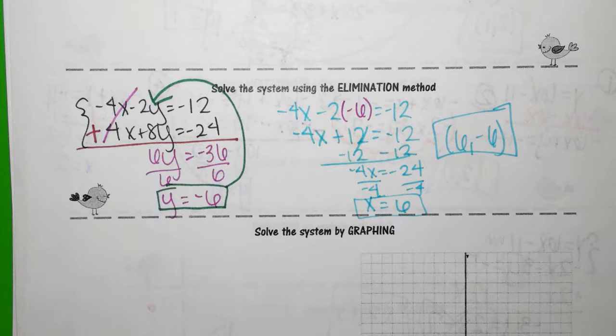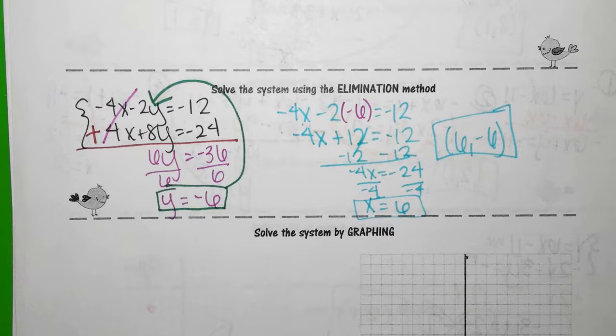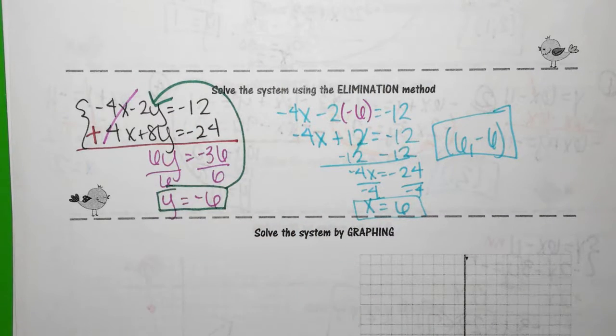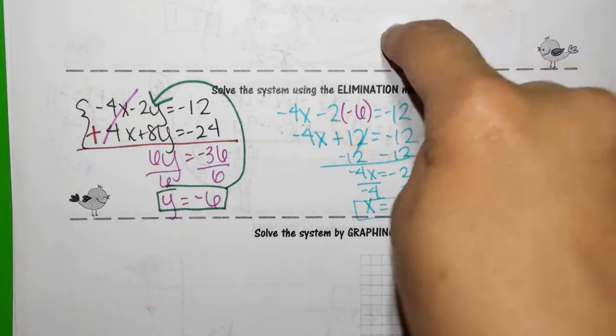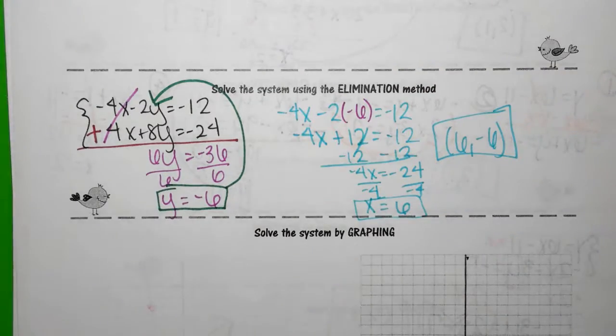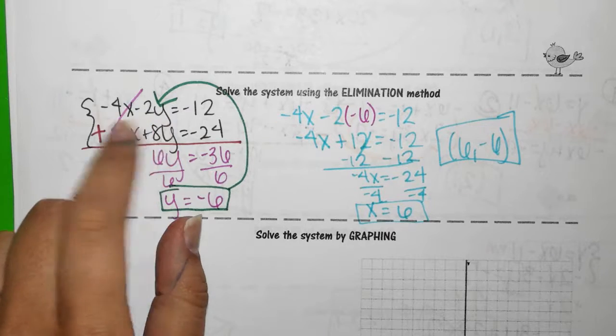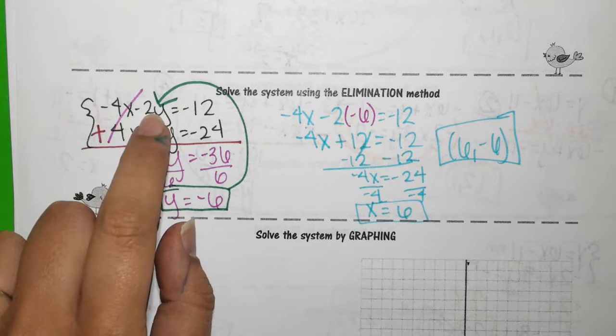All right, now what I want us to do is work together to set up one of these up top, and we're going to solve it for a variable so that we can substitute, and then you guys are going to substitute and graph without me tonight. We're going to solve one of these, either for x or y, whichever one y'all want.